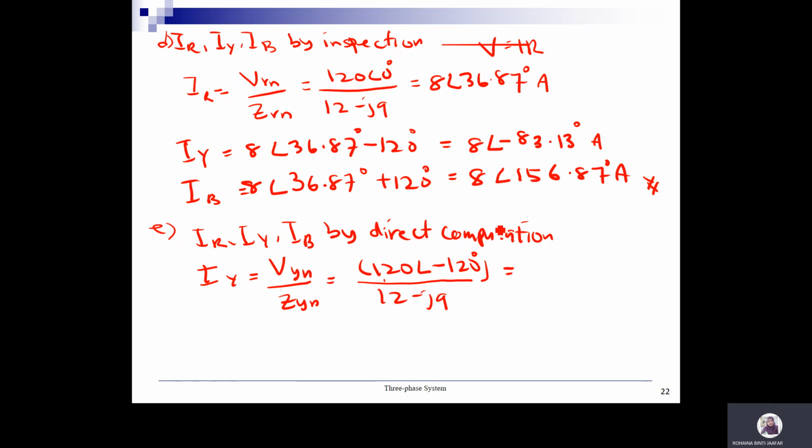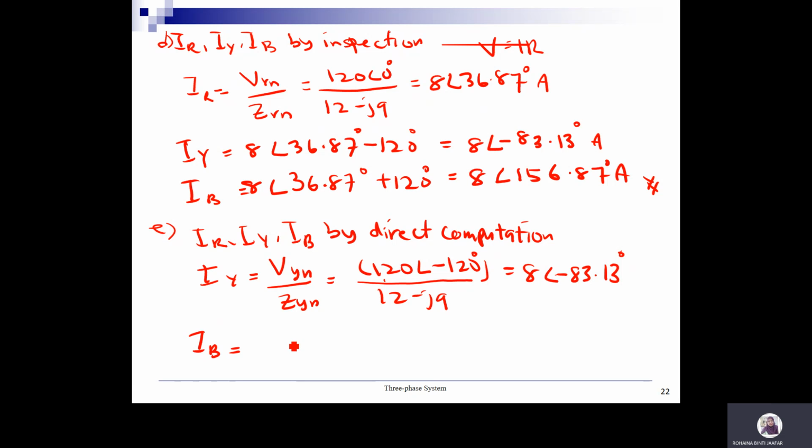So you will get the same answer. Use your calculator. You will get the same answer as in D, negative 83.13. Then repeat the same step to find I blue.